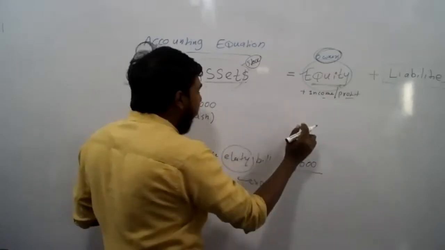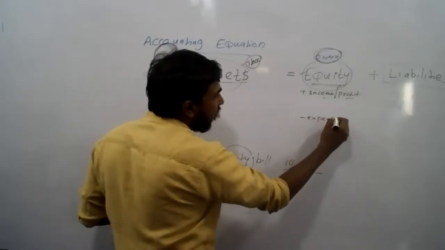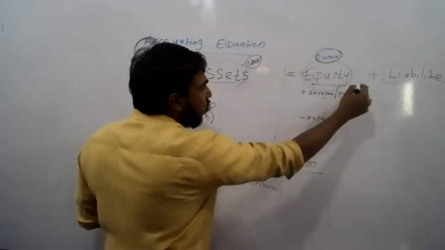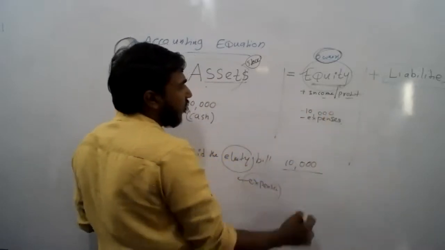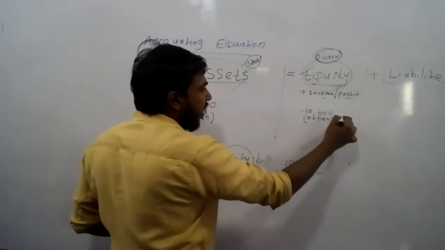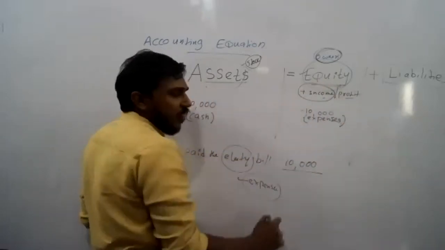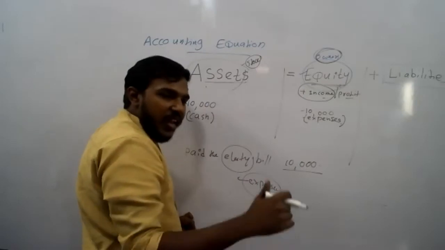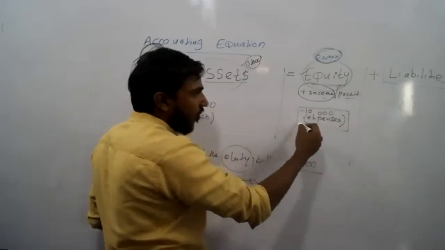If the income is added back, expenses should be subtracted. Then from equity, you're supposed to subtract 10,000, because it's an expense. If there is an income, you add back for the equity, but if there is an expense, you subtract from the equity.